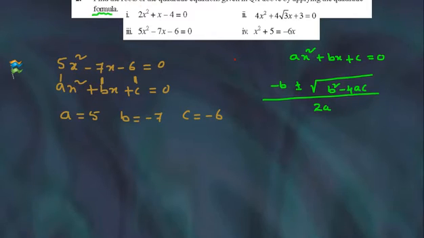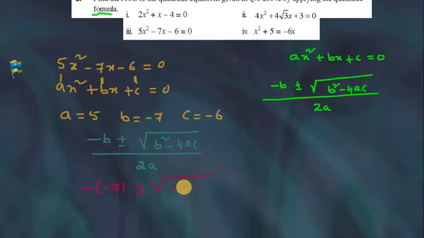Now we'll go to the formula. So minus b plus or minus square root of b square minus 4ac by 2a. If you move further, just substitute all the values. Minus of b, so minus of minus 7, plus or minus square root of b square minus 4ac.